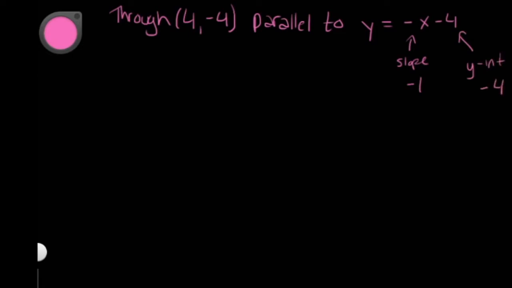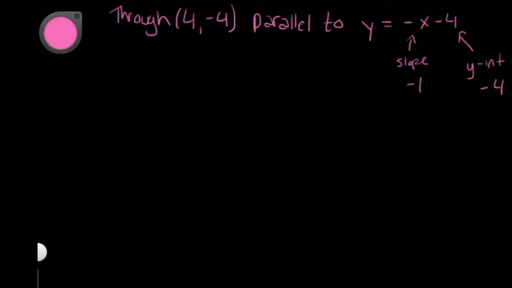Okay, so parallel and perpendicular slopes. Parallel, you know that parallel lines mean two lines that run beside each other. They never cross. So if I have this line here, y equals negative x minus 4, and I know that my slope is negative 1, it's going to keep running with that negative 1 slope. Negative 1 slope means it's going to go down by 1, over by 1, down by 1, over by 1.